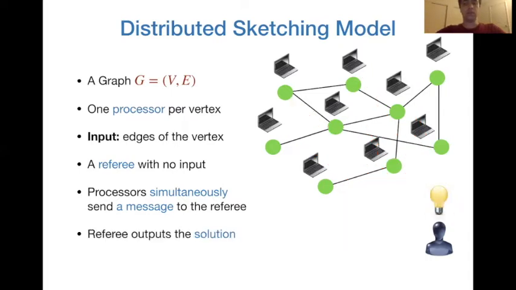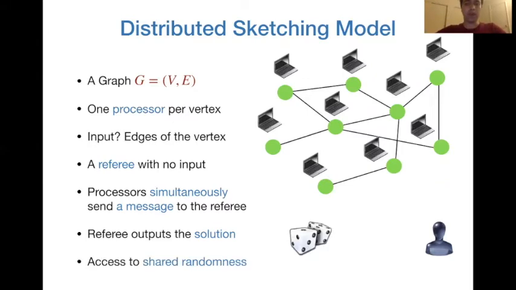Now the referee is going to look at these sketches and output a solution to some problem over this graph. And one thing to note here is that we're going to assume that there is a shared source of randomness given to both referee and the players. This is called public randomness, meaning that the players have access to the same source of randomness.